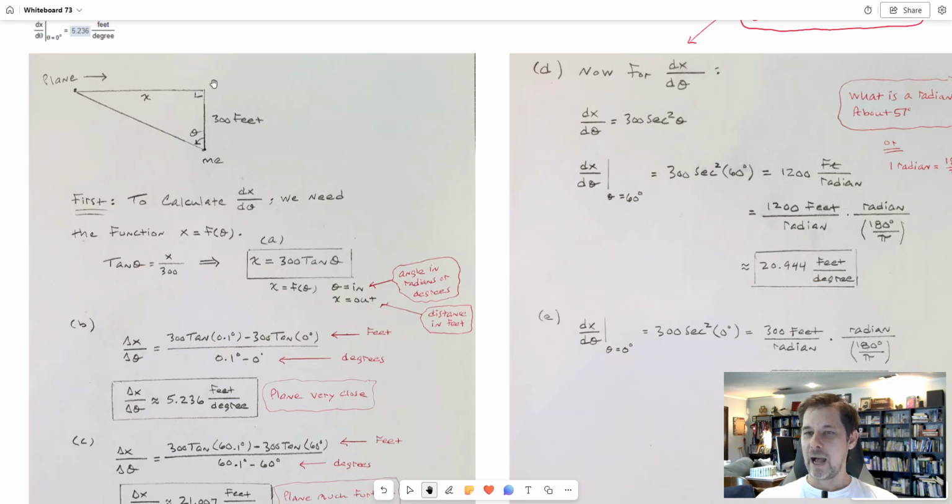Okay, I think, and probably you too, that if this angle was to wiggle by a degree when the plane's further away, that will make for much more movement in the plane, versus if this angle wiggles by a degree and the plane is right above you. I think movement in this angle by a small amount, let's say a degree, amounts to way more movement in the plane when it's further away versus when it's close.